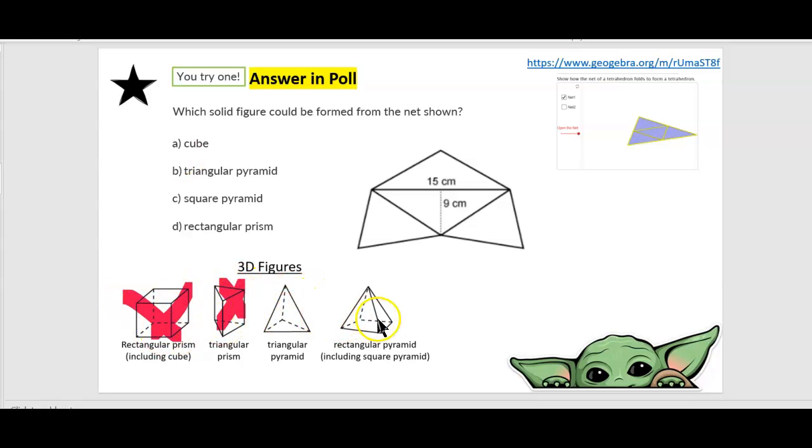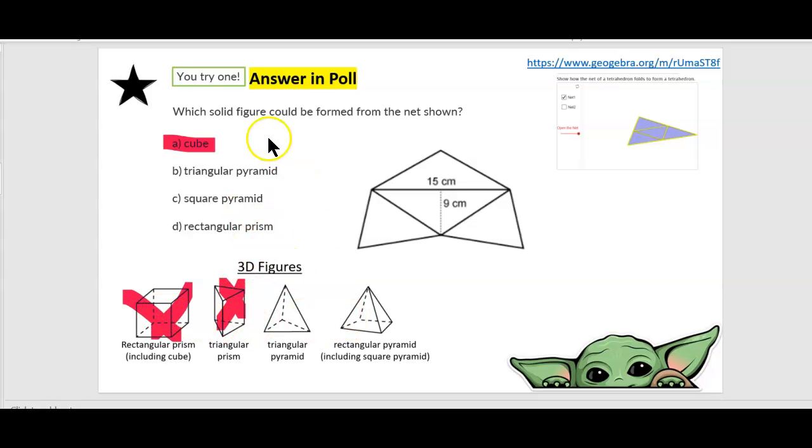But how do you know which one of these to use? Think about that for a moment. So we can see it's not the cube, it's not the triangular. Oh, wait a minute. Triangular pyramid. They didn't have these in order, because this is a prism. Rectangular prism, cube. Wait a minute.